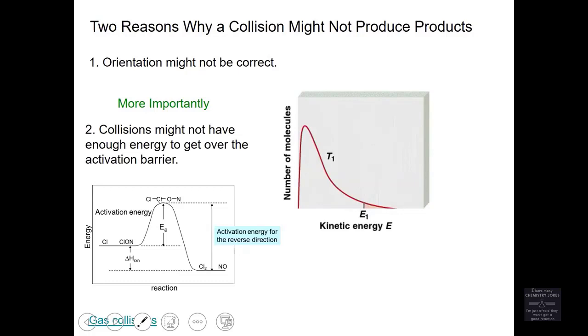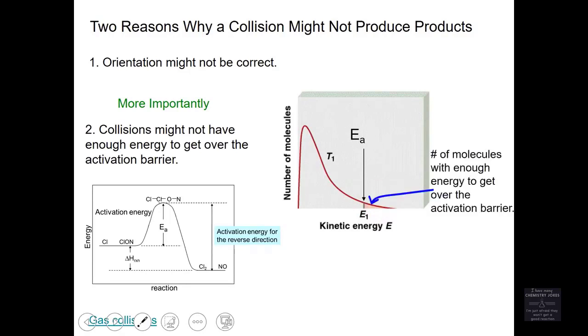the spread of the kinetic energies of my molecules in a given system, given by this plot on the right, if I say E1 here is what my activation energy is. That's the value of my activation energy barrier. Everything above that activation energy does have significant enough kinetic energy to overcome that activation barrier.